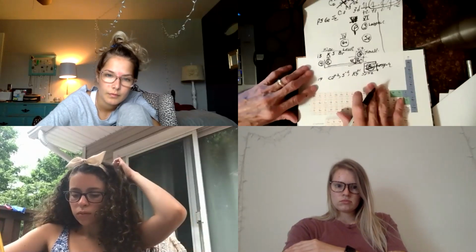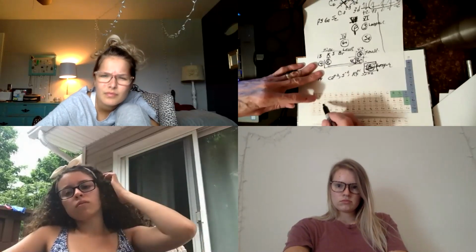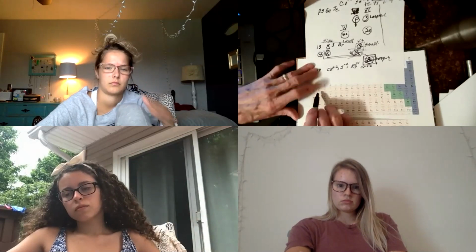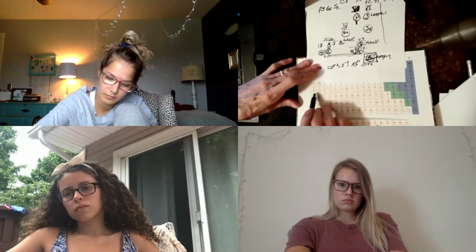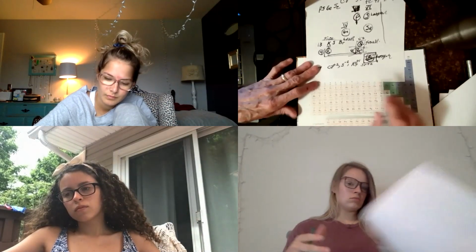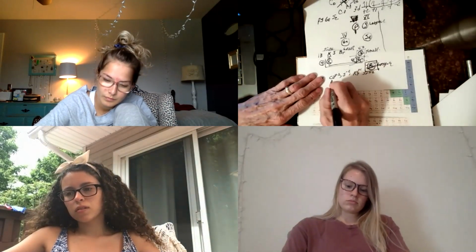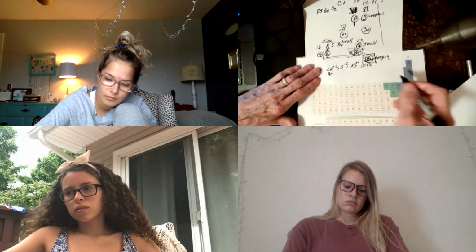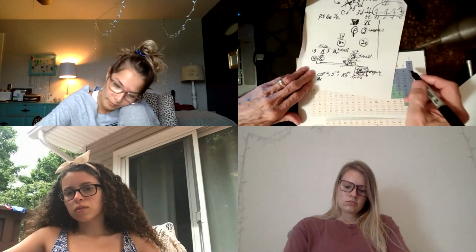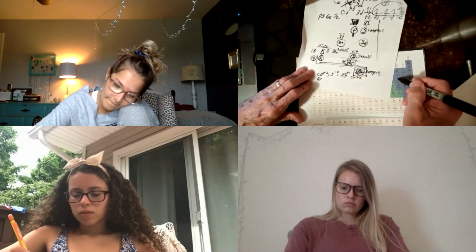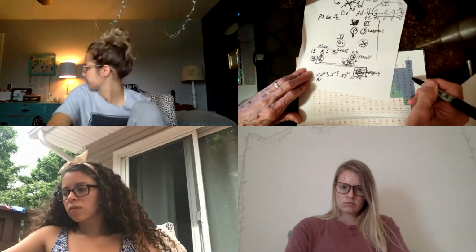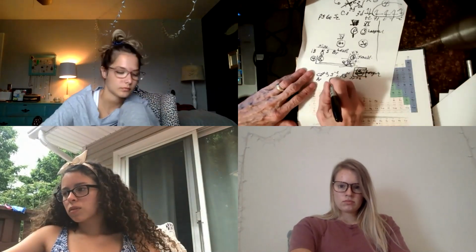Let's just look on the chart. Calcium is right here. When I lose 2 electrons, it's number 18, so it would be argon. So this is an argon core. Sulfur -2: sulfur is in group 6, gaining 2 electrons, so it would be like argon also.